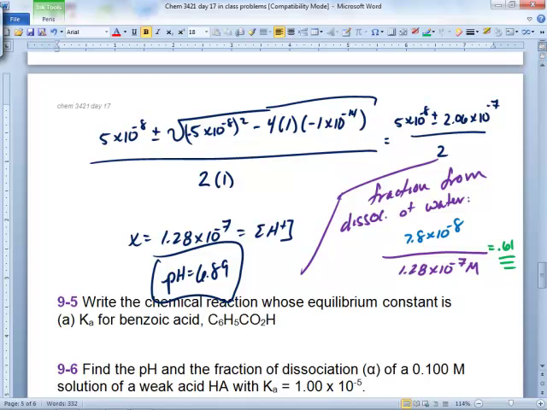Okay. Let me just reword it a little bit to help the magnitude of this issue come into play. What percent of the hydrogen ion in this system is from water dissociating? 61%. Over half. So that's why that range is a big deal. It's significant in that range.